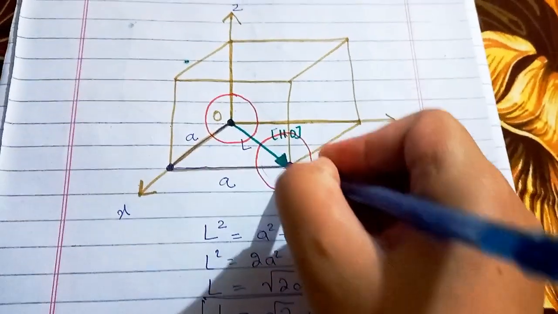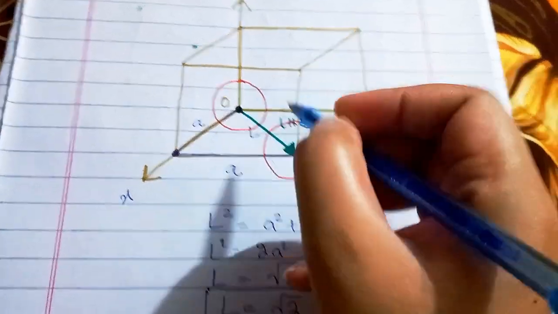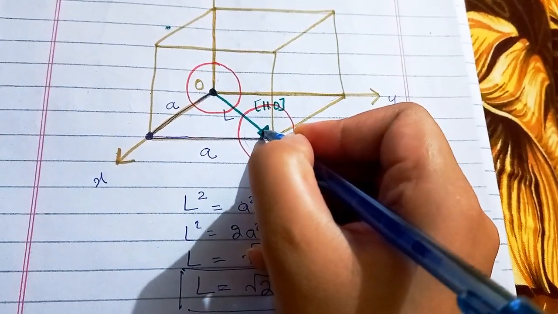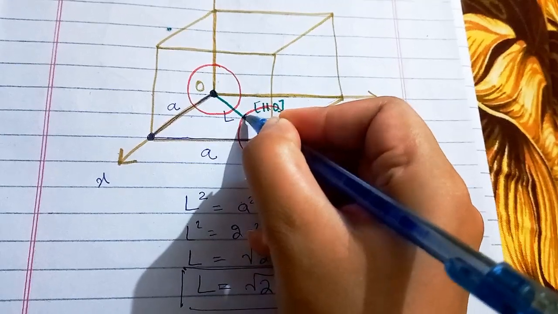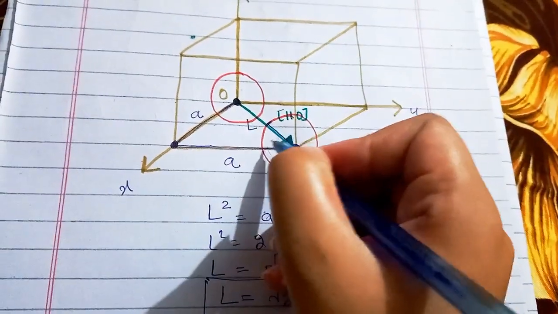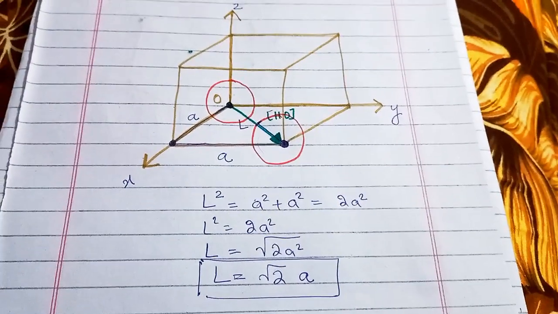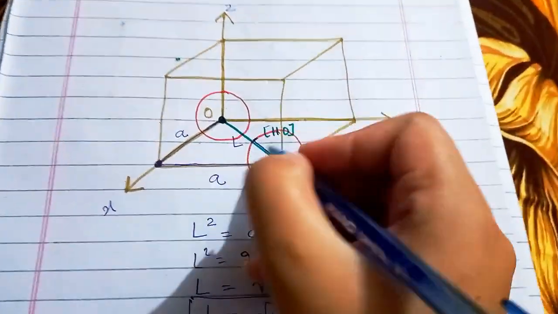Which means this is the center of the atom as well. From the center to the boundary is half the diameter, or the radius of the circle you can say, and this is how we will take the contribution of the atom.